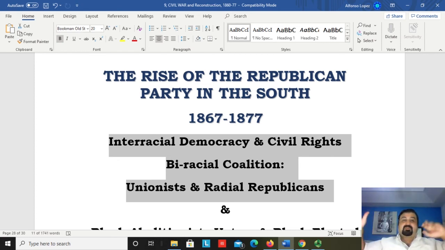Two groups of people that are going to come together in order to bring about this interracial democracy that will extend civil rights to the African American population. Because now we can talk about African Americans: once you grant citizenship to the freed population, they're citizens of the United States. So from this point they're called the African American population.